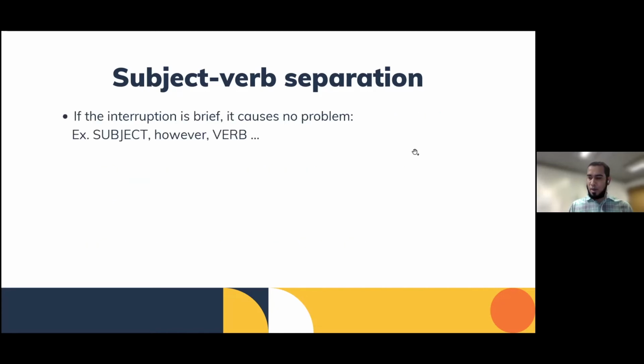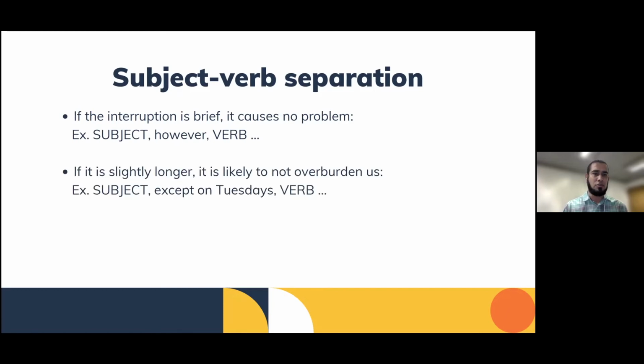And that's one of the reasons why Hashim said it feels like there should be two sentences, because there are a couple of pieces of information in a single sentence. If the interruption is brief, it causes no problem. Oftentimes we do this: subject, however, verb, and we continue with the sentence. So that's not a problem most of the time. If it is slightly longer, also it's not likely to overburden us.